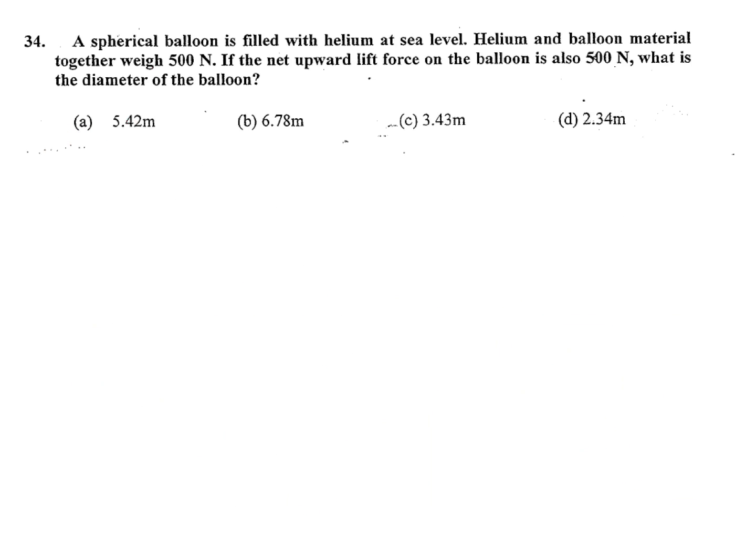A spherical balloon is filled with helium at sea level. Helium and balloon material together weigh 500 Newton. If the net upward lift force on the balloon is also 500 Newton, what is the diameter of the balloon? A buoyancy question. First data given: W is equal to 500 Newton.